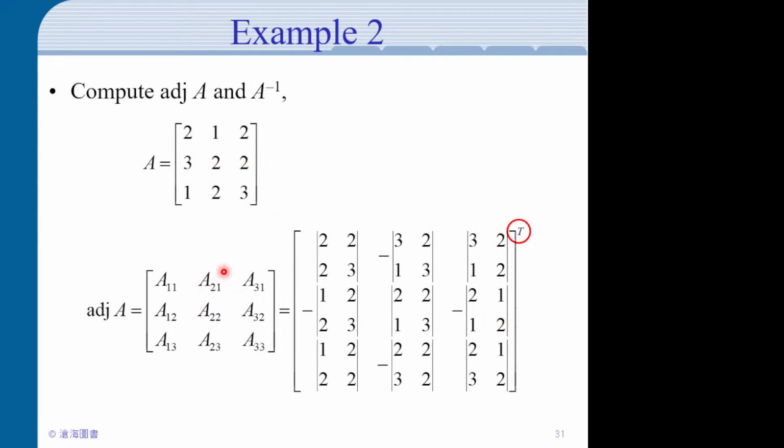And say A21 is the cofactor of this one, the determinant of this matrix, and it has a minus 1 because it's the 2,1 element. And then the adjoint of A is all those cofactors put together, and you need to do a transpose. So remember to do the transpose.